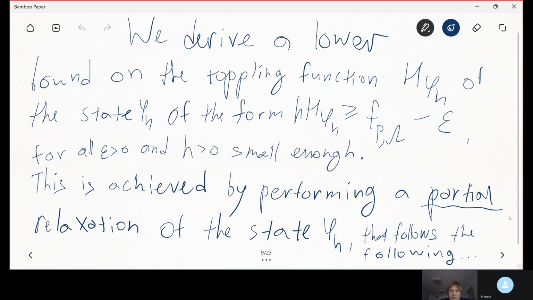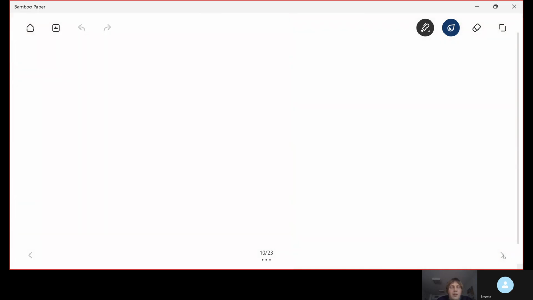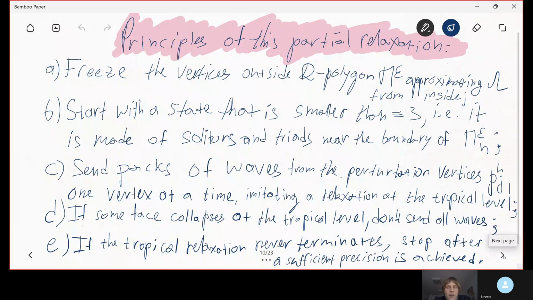Okay. Yeah. Okay. So now I'll list the principles of this partial relaxation. First of all, we approximate the domain in a very careful, controlled way by some Q polygon, so a polygon with rational sides, and actually a unimodular polygon, to be more precise.